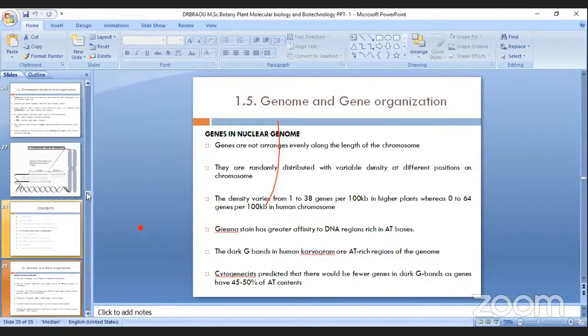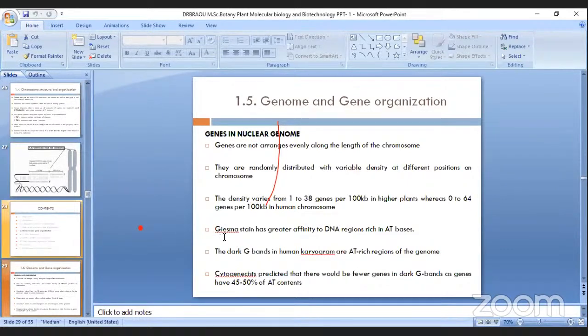We have already seen the chromosomal bands; if you observe them, you find some darker regions, representing the AT bases, because generally the AT content in the chromosome might be around 45 to 50%.